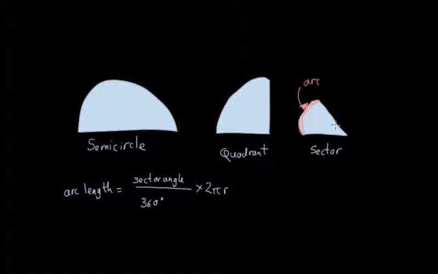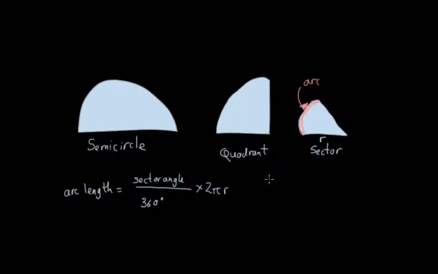So if you imagine you've got your circle, we've taken out this sector, it's got a radius of r, and the arc length is a fraction of the circumference of the original circle.